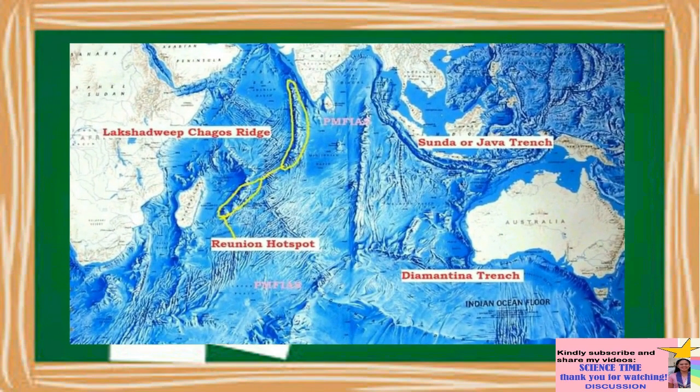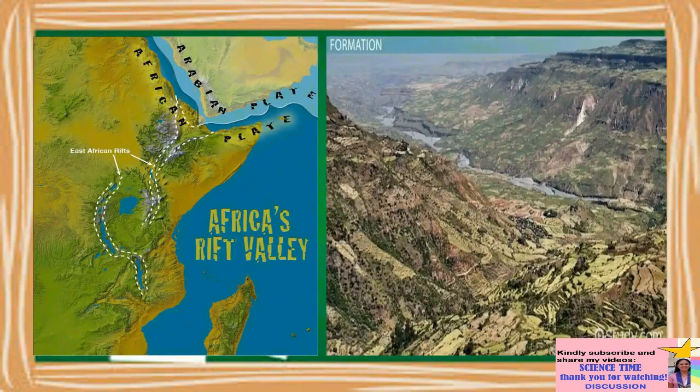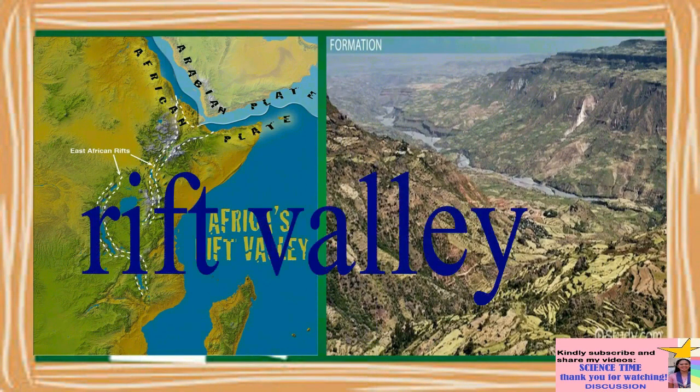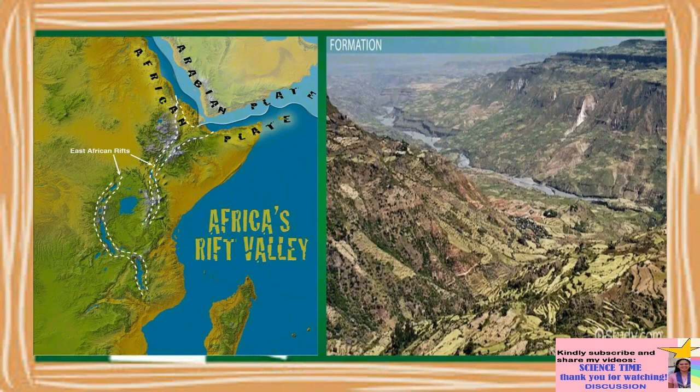There are also mid-ocean ridges at Indian Oceans and Pacific Oceans as well. Divergent boundaries also create rift valleys and new oceans. The Rift Valley in East Africa is the result of a divergent boundary.